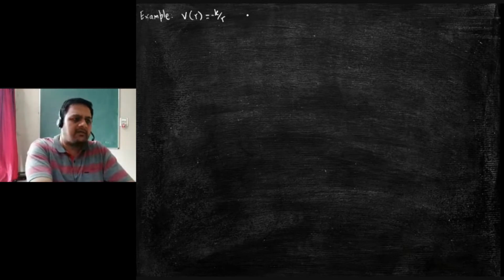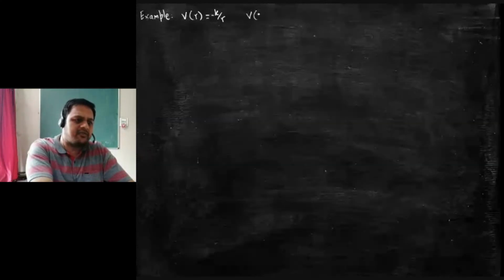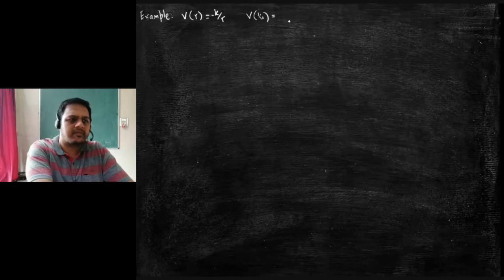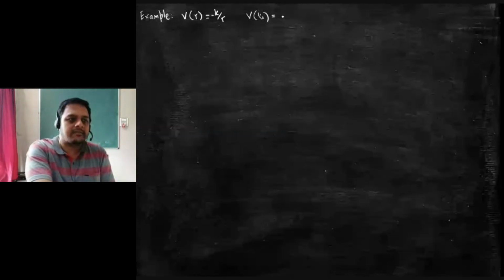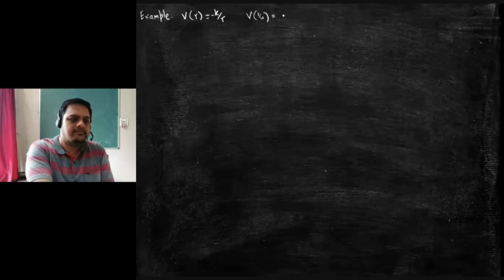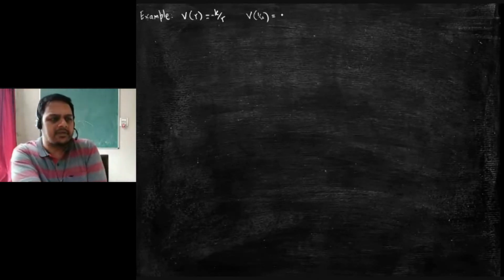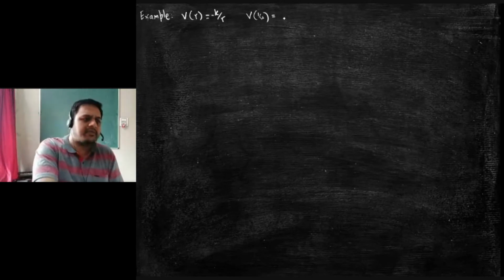What will be v as a function of u? Just substitute r as 1 by u. What will you get?